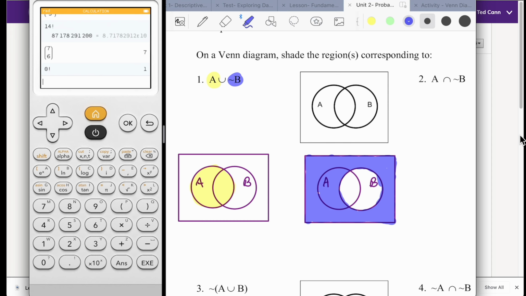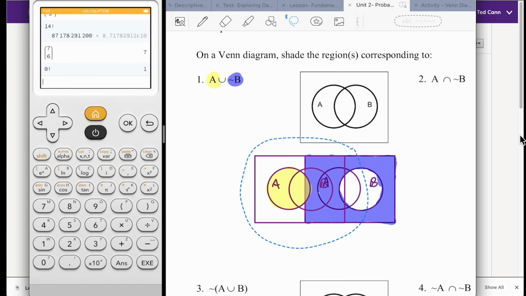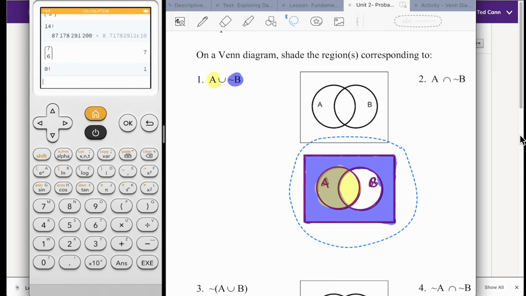All right. So I have my set A, my set not B. What I would be looking for is not, because this is a union, I'm not looking for overlap. I'm looking for, when I combine these two diagrams, any part of it that has any kind of shading whatsoever. So when I put this on top of this one, I look for any shading that might exist.